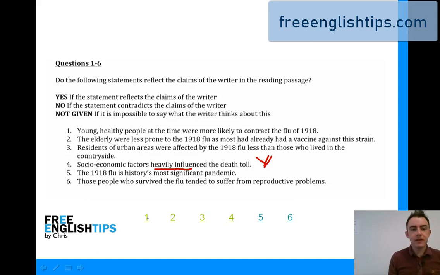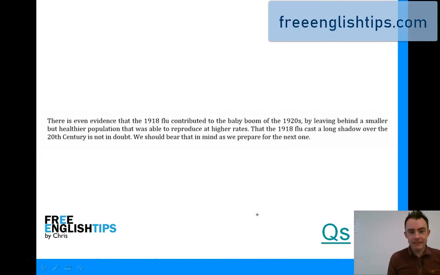Okay. Question 5 says the 1918 flu is history's most significant pandemic. In answer to this question, we need to think about whether it says most significant pandemic or the history of this particular flu. I found that at the end of the passage, and it says that the flu cast a long shadow, all right, over the 20th century.